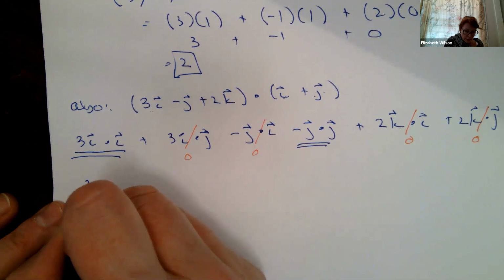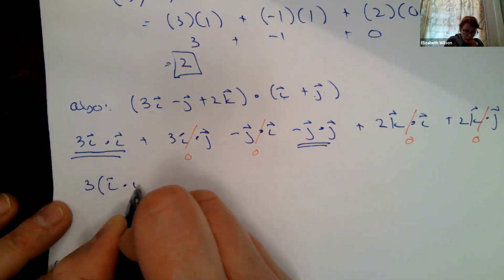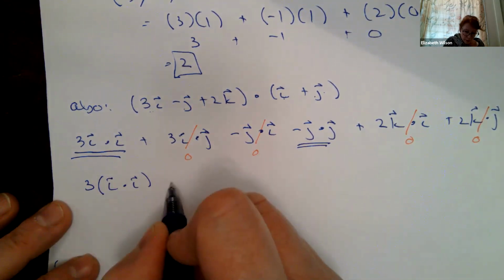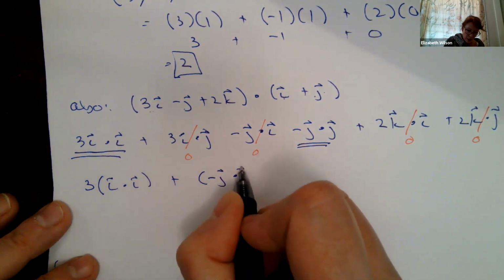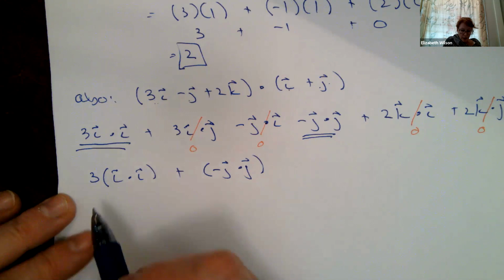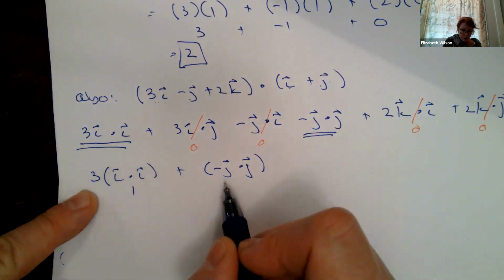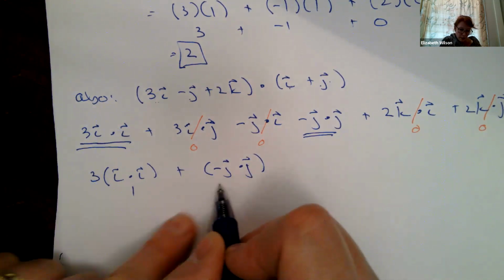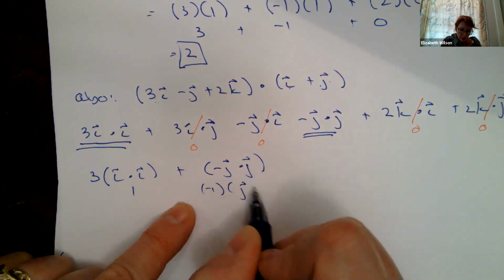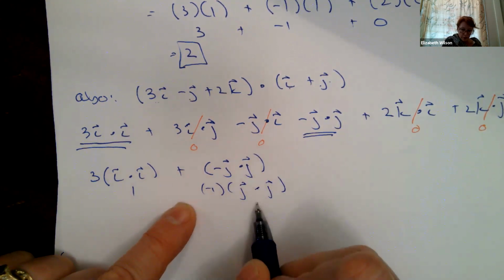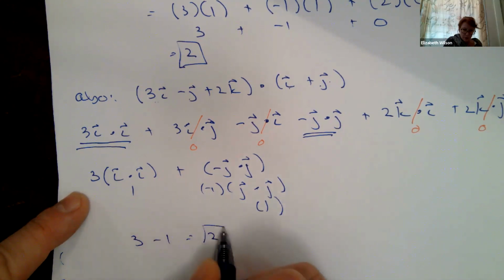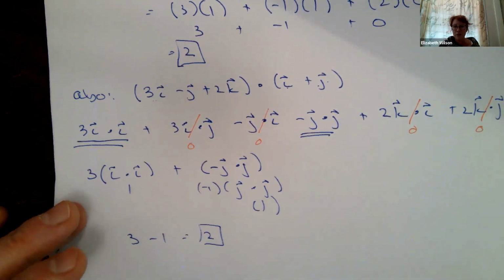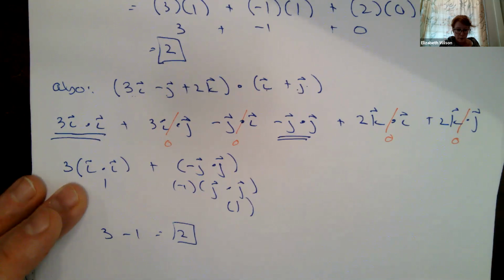So this becomes 3 times i dot i, and this becomes minus j dot j. i dot i was equal to 1, and this is almost like saying minus 1 times j dot j, which is equal to 1. So 3 minus 1, which is equal to 2. I get the same number in the end. It's just a lot more algebra that I have to worry about.